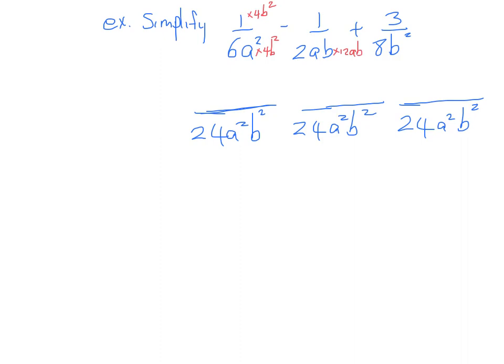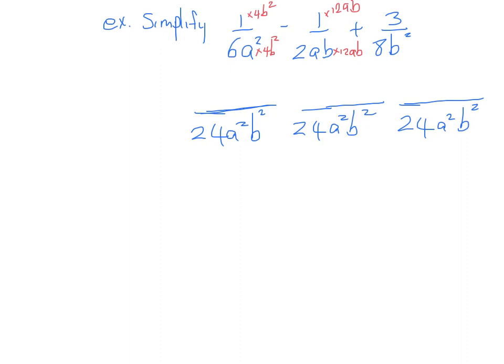So that multiplication will get us to our LCM, or lowest common multiple here. But whatever we do to the bottom has to happen to the top. Okay, cool.